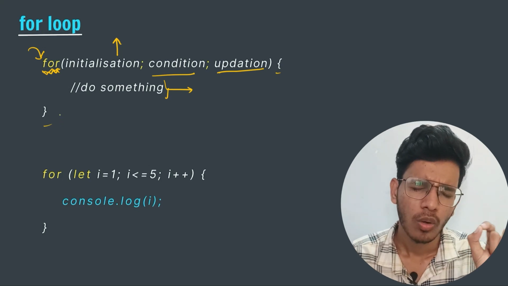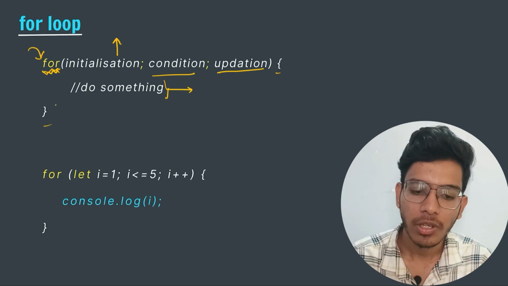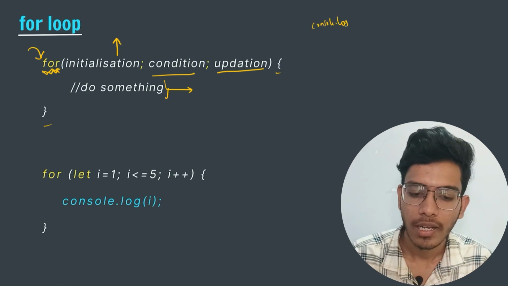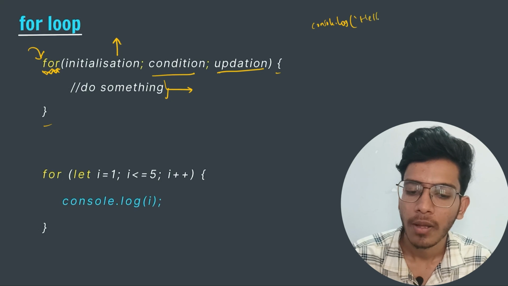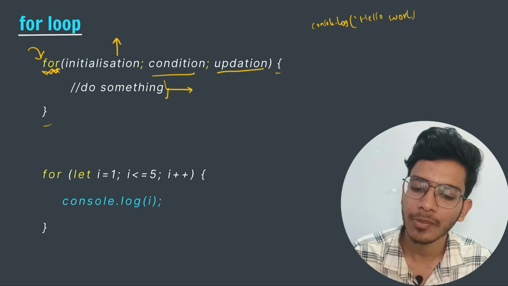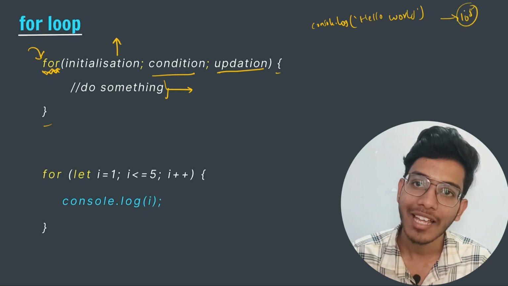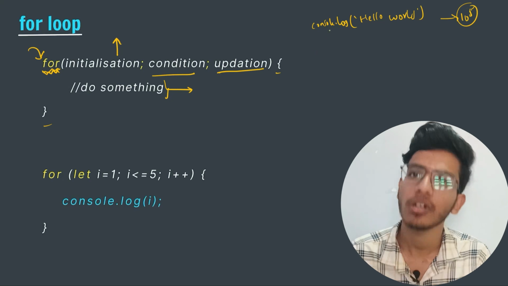Now let us go back to our question. We want to print console.log hello world 1 lakh times. 1 lakh is nothing but 10 to the power of 5. Then what we can do is use a for loop.